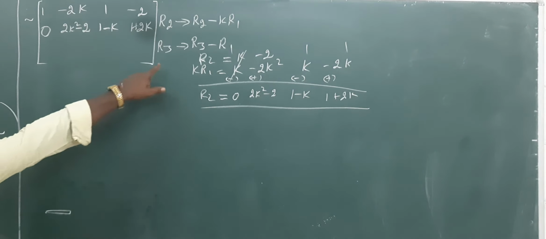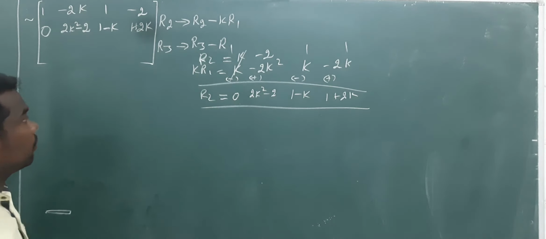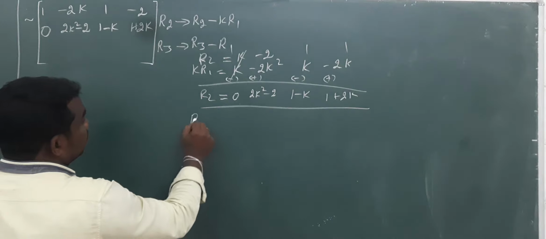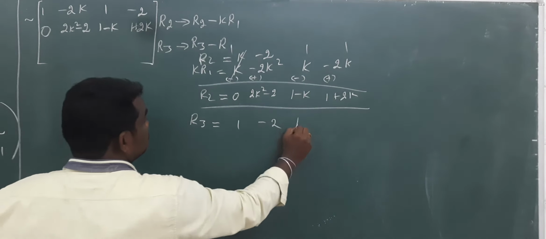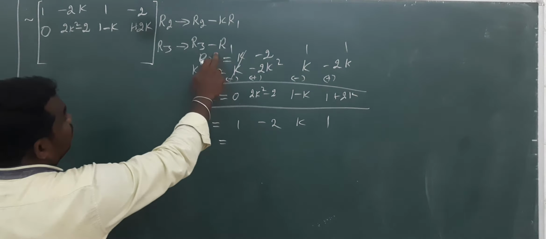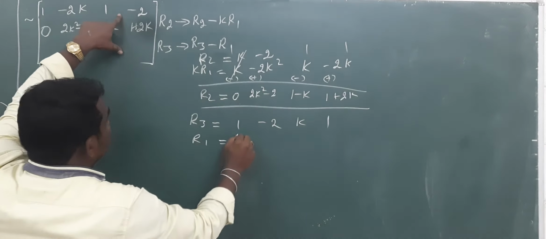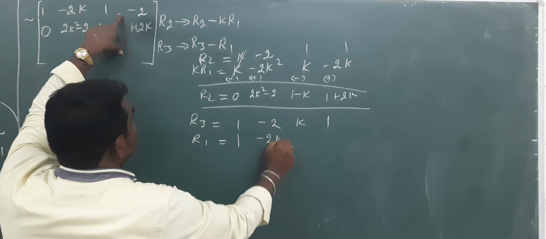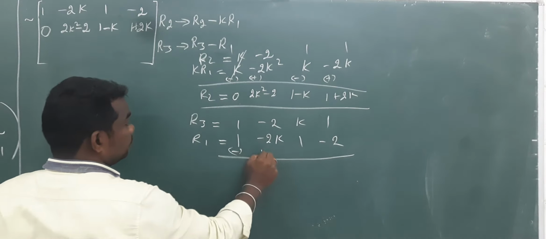Next step is R3 gives R3 minus R1. So you write R3. R3 is 1, minus 2k, 1, 1 and R1 value. That is without multiplication of R1. Directly you write 1, minus 2k, 1, minus 2, subtraction.